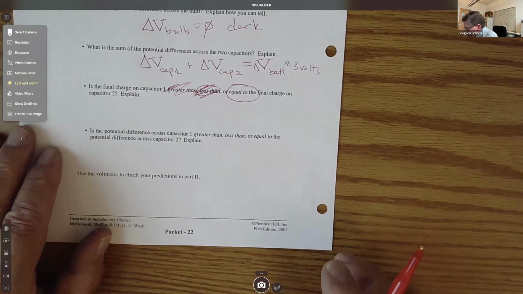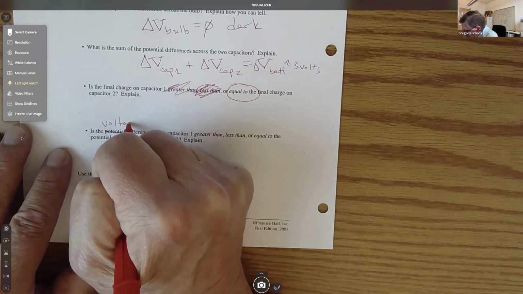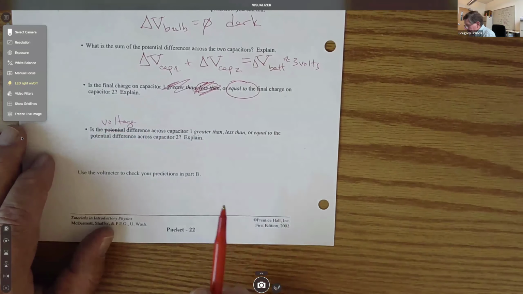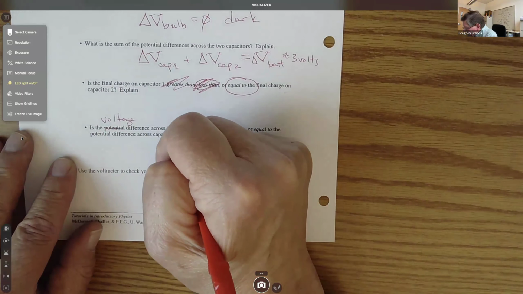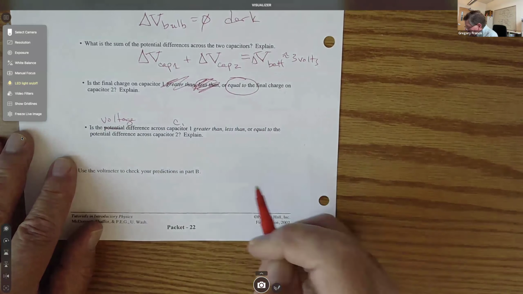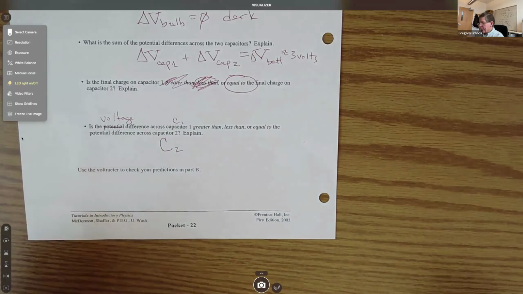Now, what about the voltage difference across capacitor 1? And remember, capacitor 1 had the little capacitance, and capacitor 2 had the bigger capacitance. Okay?